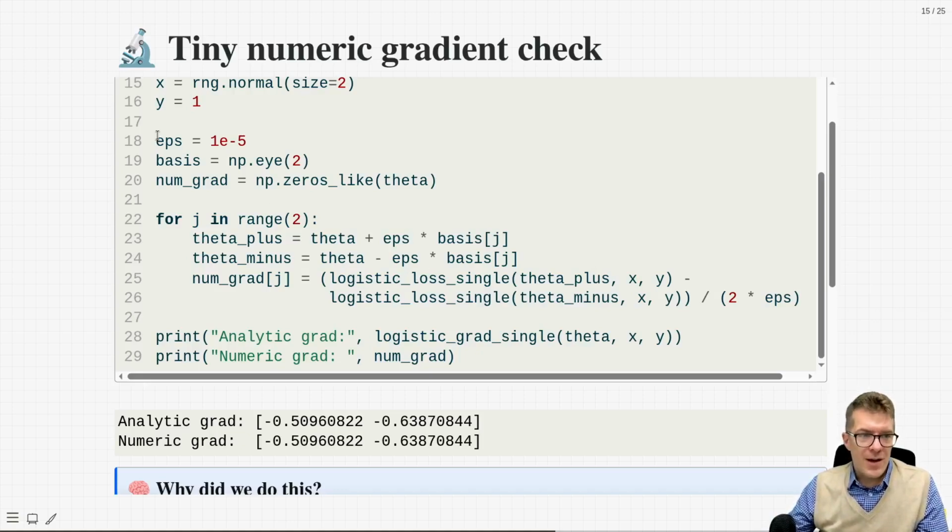I mentioned earlier that I usually called EPS eta, and that was not correct. EPS here is epsilon. It's a little bit of noise that I add or subtract to a function. This is in contrast with the learning rate we saw previously.